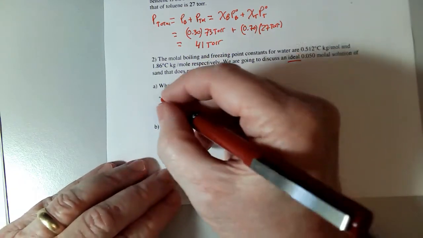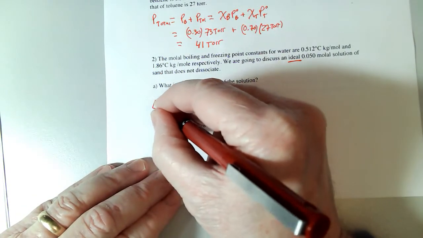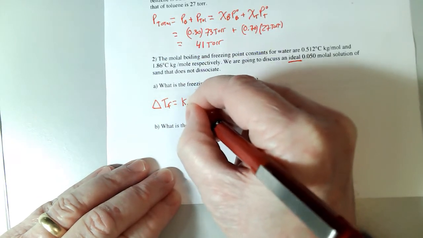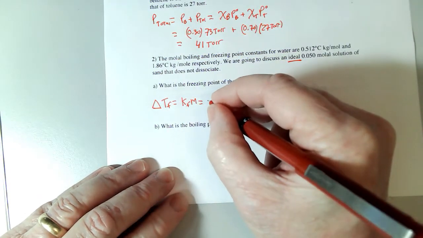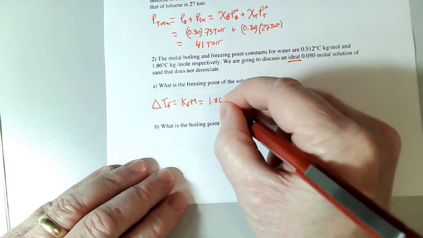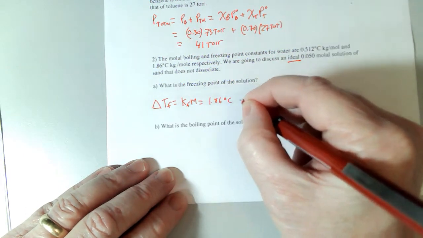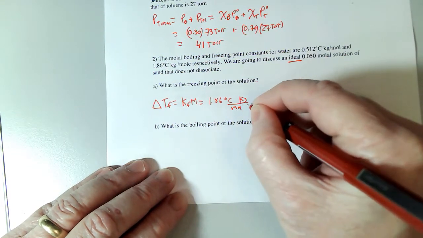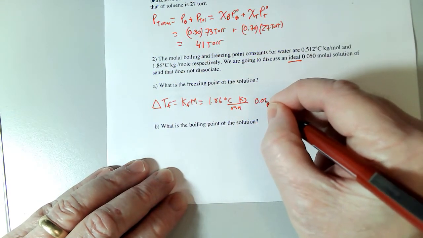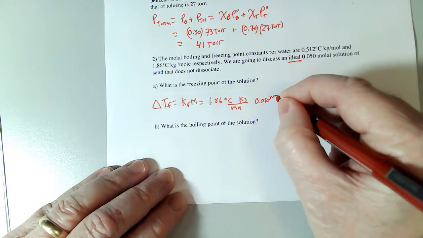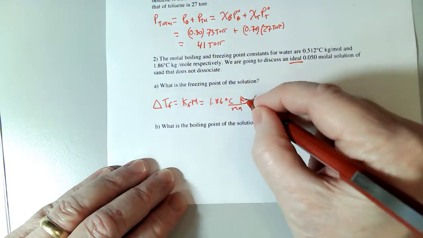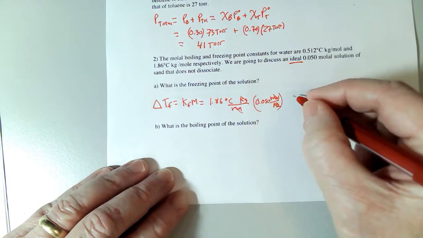What's the freezing point? Well, the change in the freezing point depression, is KFM, which equals 1.86 degrees Celsius kilogram per mole times 0.050 mole per kilogram. So kilogram cancels, mole cancels.